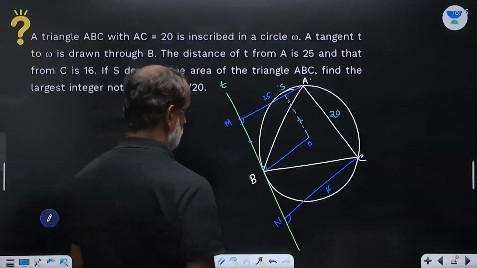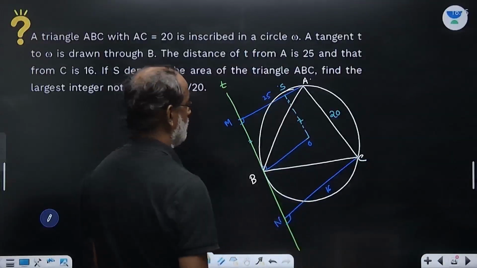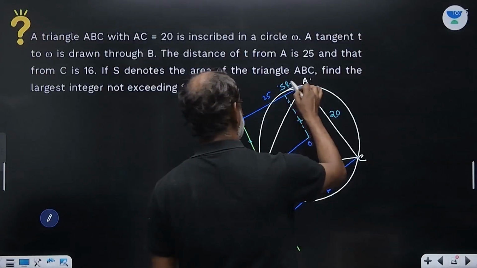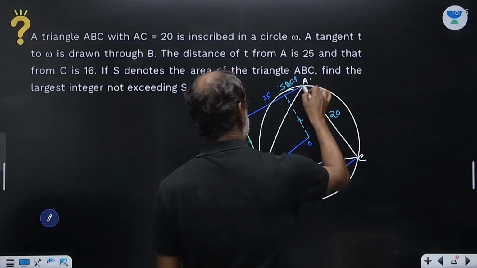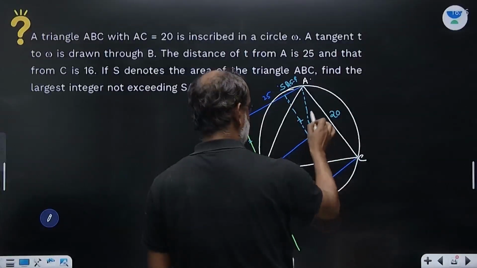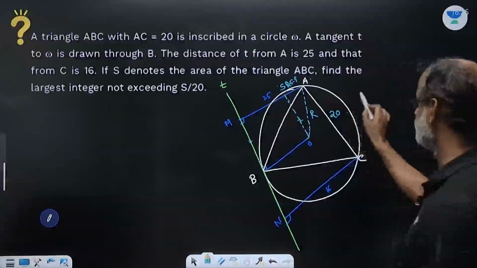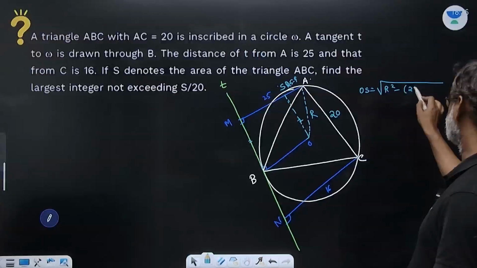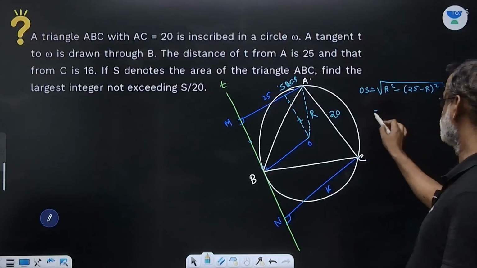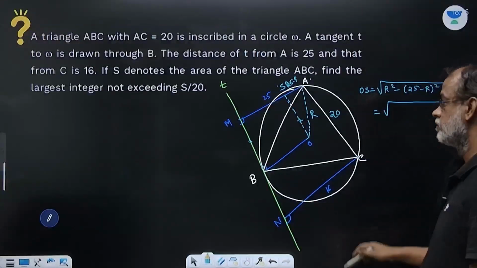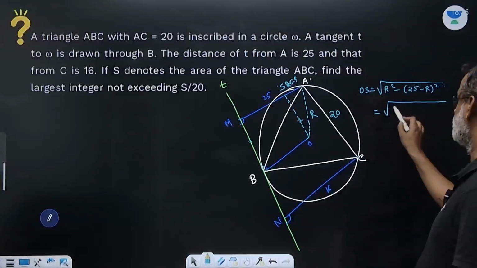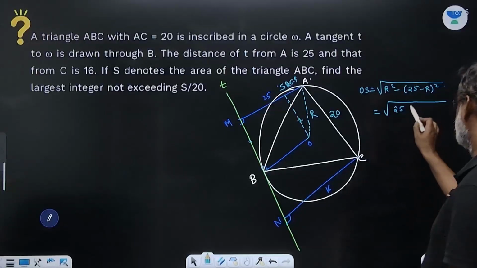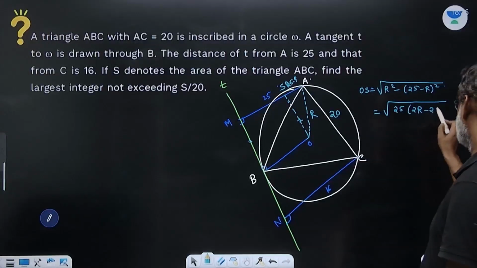Now we can find OS by saying this is 25, this is 25 minus R. This is R, so we can find OS as 25 into 2R minus 20.